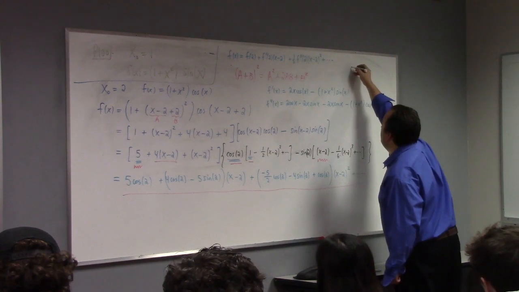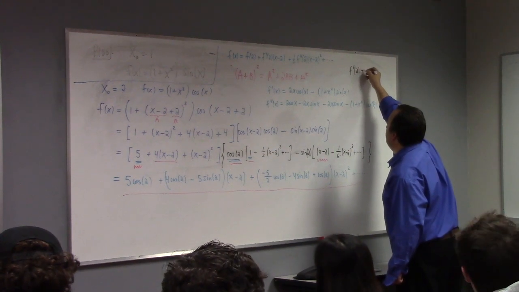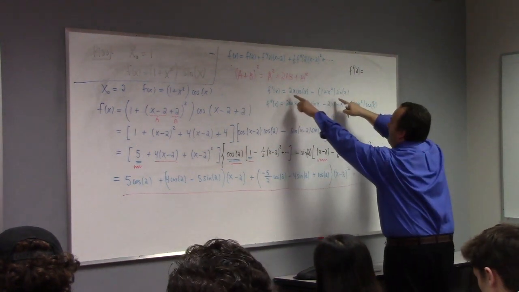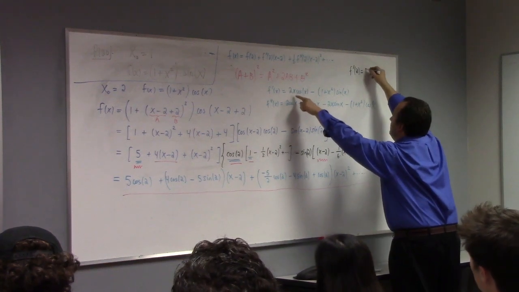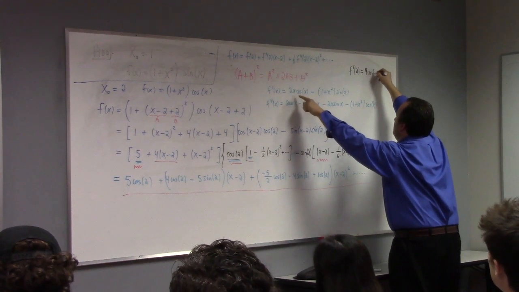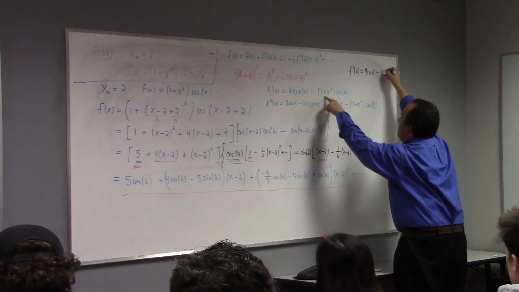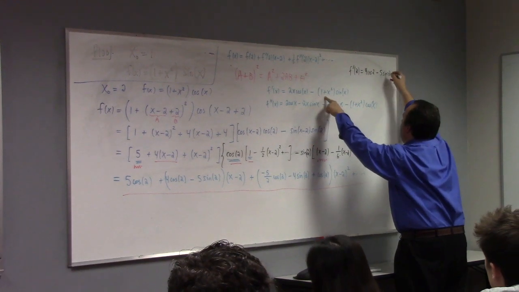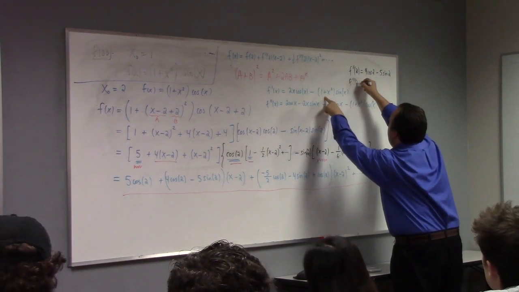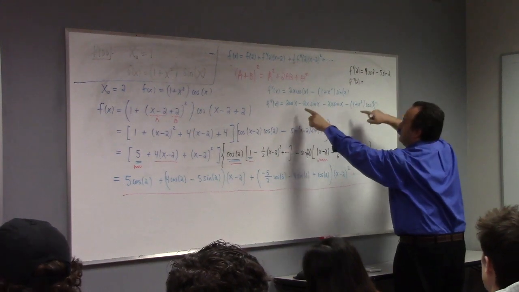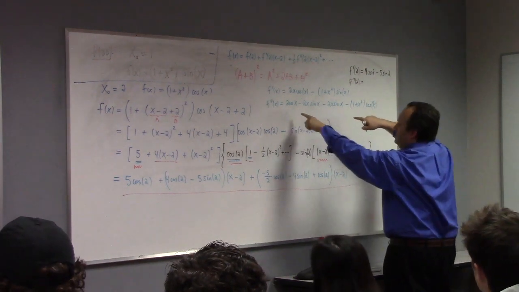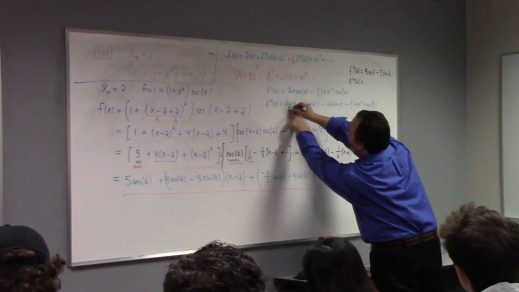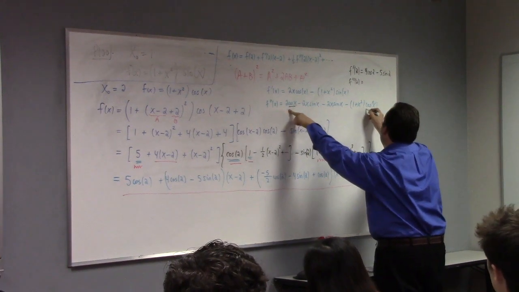So evaluating it at 2, f prime of 2 apparently is 4 cosine 2 minus 5 sine 2. And what's f prime prime of 2? It's a little bit more of a mess, but we should just put things together, right? I've got a cosine here, and I got a cosine here.